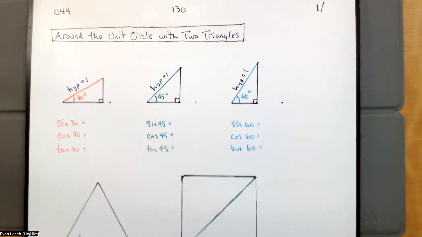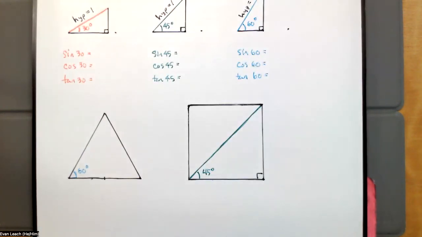So here are the actual two triangles that we're going to work with. In fact, this one is twice as much triangle as we need. The triangles that we're going to work with are half a square and half an equilateral triangle.